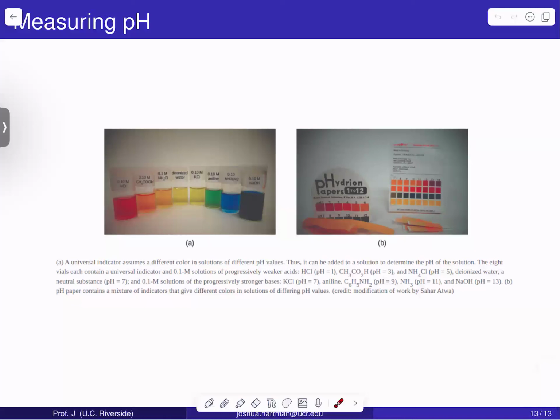Now, if you don't have access to research grade digital instrumentation, another common approach is to use color indicators. For those of you that have perhaps taken care of a pool or done basic chemistry laboratory experiments, you likely have some experience with using different indicator substances, litmus paper type tests, and color comparison tests to come up with a rough idea of what the pH is for a given solution on the basis of color changes.